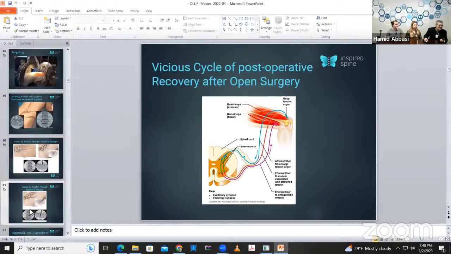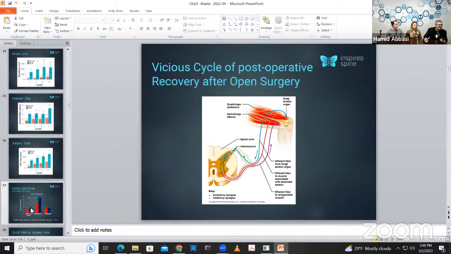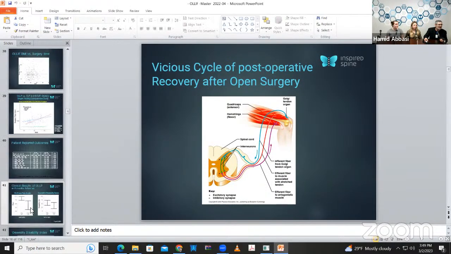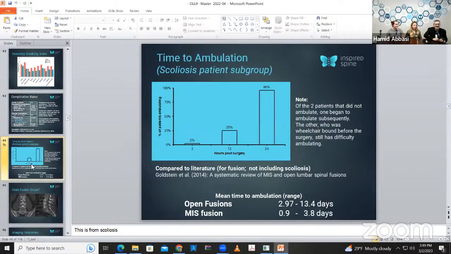And for that reason, this is truly what I'm proud of, this slide. 96% of our patients ambulate within the first 24 hours. Even those 88-year-old patients after 4-level fusion, 96% of them ambulate within their first 24 hours, so they can go home.